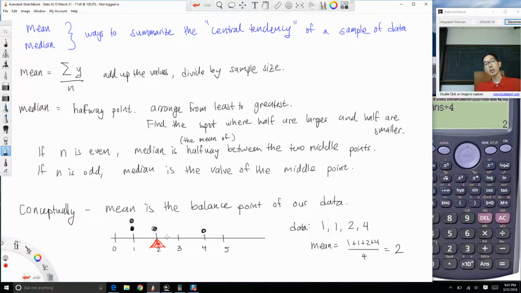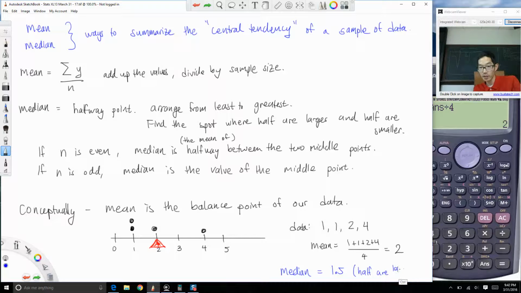Where would the median of this data set, 1, 1, 2, 4, be? 1.5. It's halfway between our middle two points of 1 and 2. So our median would actually be 1.5. Can we see that? Half are larger and half are smaller.